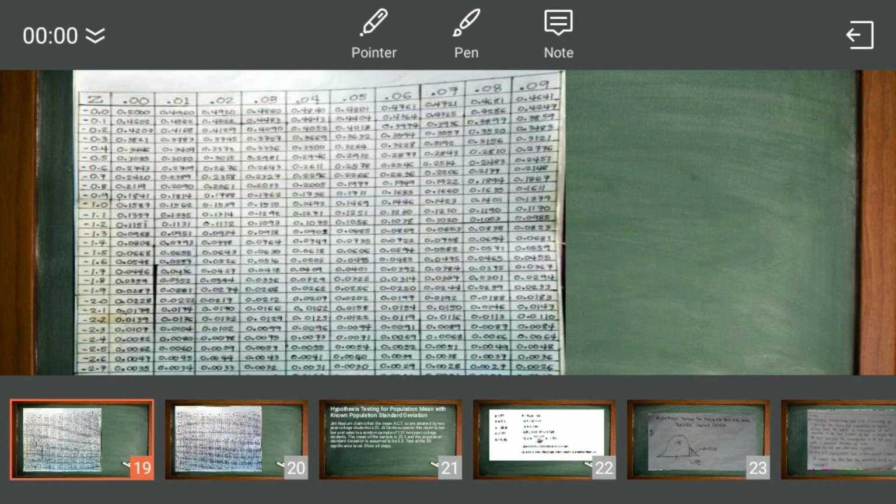And then i-connect lang po natin yung dalawa, yung negative 2.5 and 0.03. So ang makukuha po natin dyan is 0.0057.